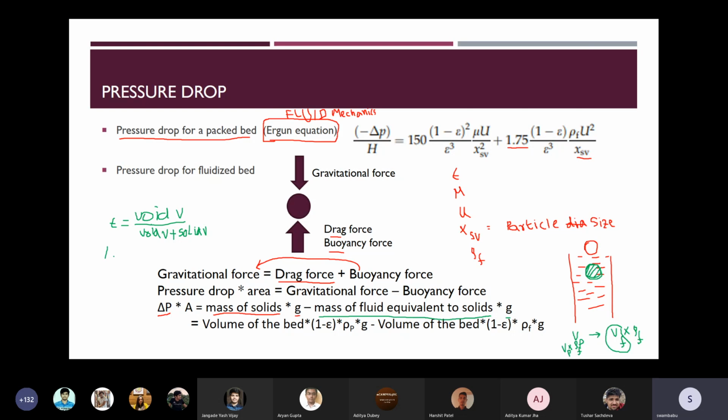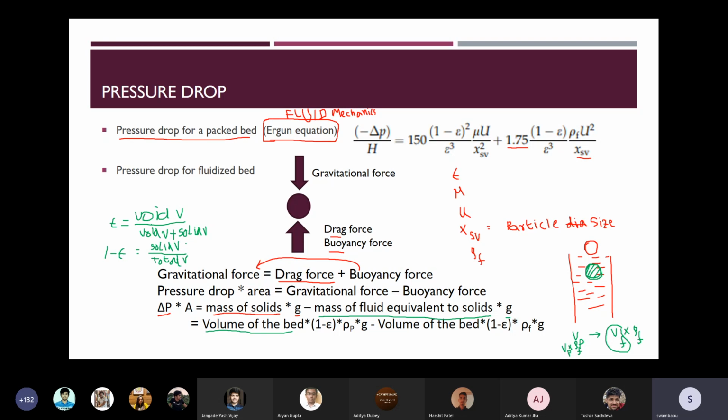If I do 1 minus epsilon, what will you get? Solid volume by void volume plus solid volume. You get the same denominator, which is nothing but the total volume, referred to as the volume of bed.